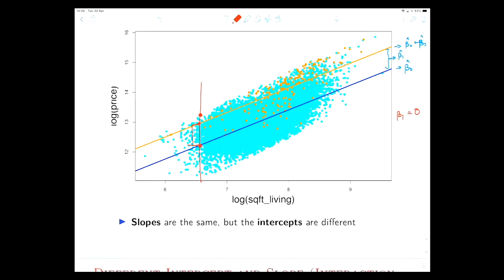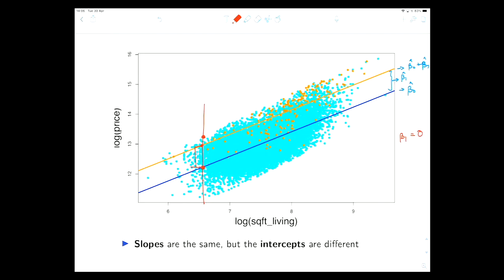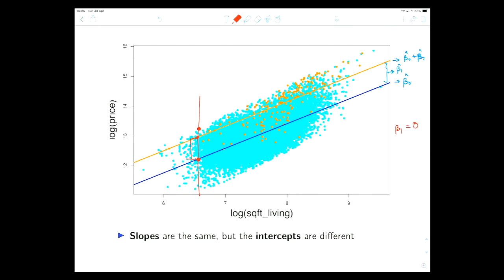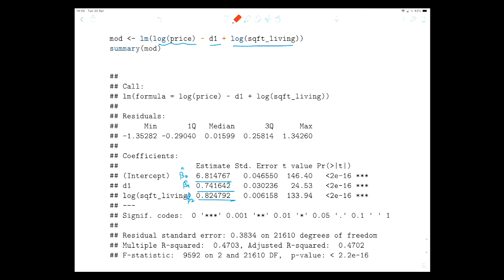So a test can be carried out for the hypothesis that beta 1 is equal to 0 versus beta 1 not equal to 0. And you can do that, if you look back to our summary model, based on the corresponding t statistic, or the t-test.